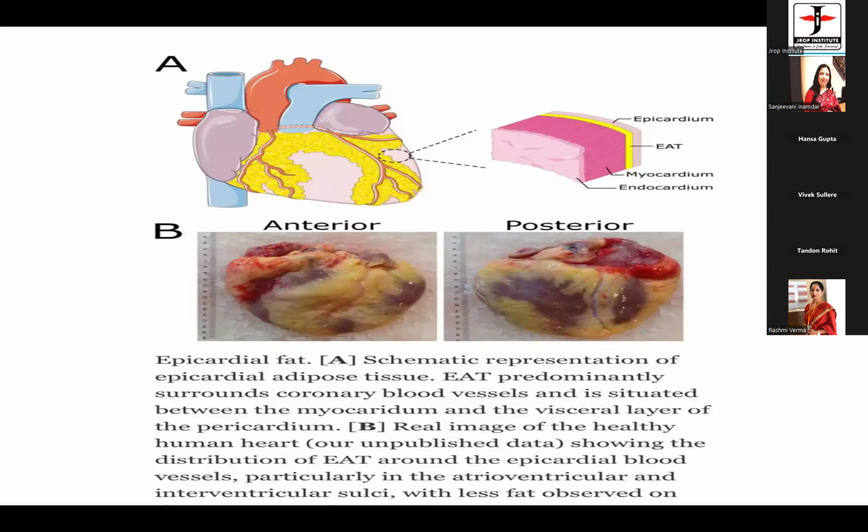This is a picture presentation in which this yellow color is epicardial adipose tissue, which predominantly surrounds coronary blood vessels and is situated between the myocardium and the visceral layer of the pericardium.